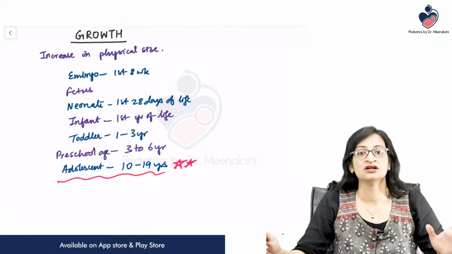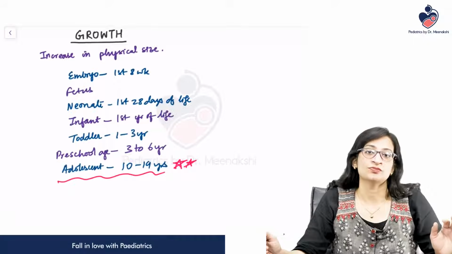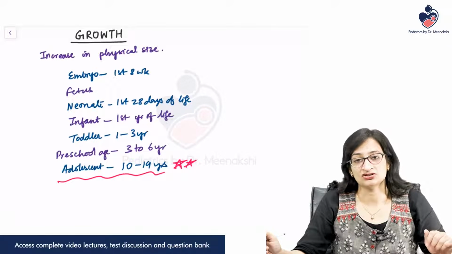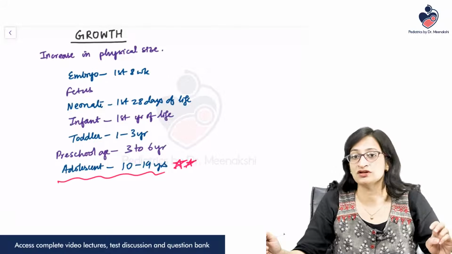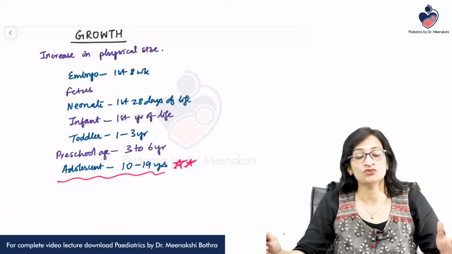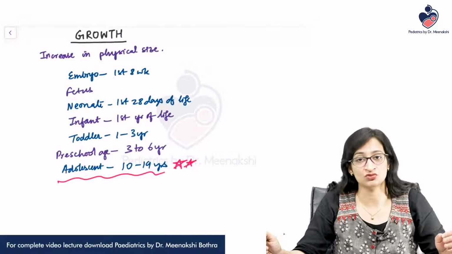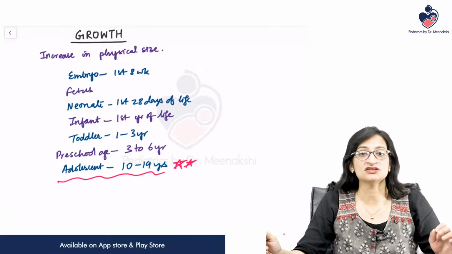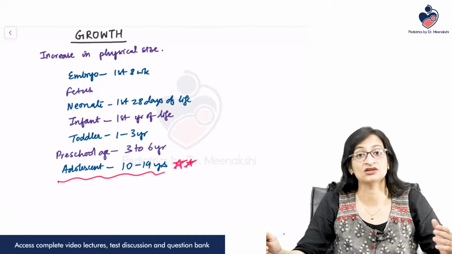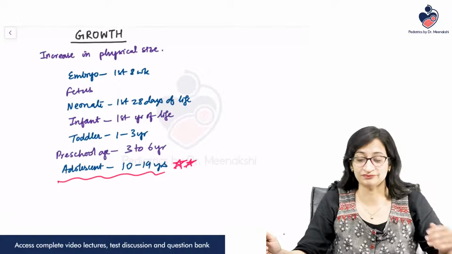Okay. Now, if you are sitting in your pediatrics clinic and if a mother comes to you with her child and she asks you, is my child growing appropriately or not? How do you answer her? So, we have to assess the growth of a child using certain anthropometric parameters, okay, like the weight, the height, the head circumference, okay.